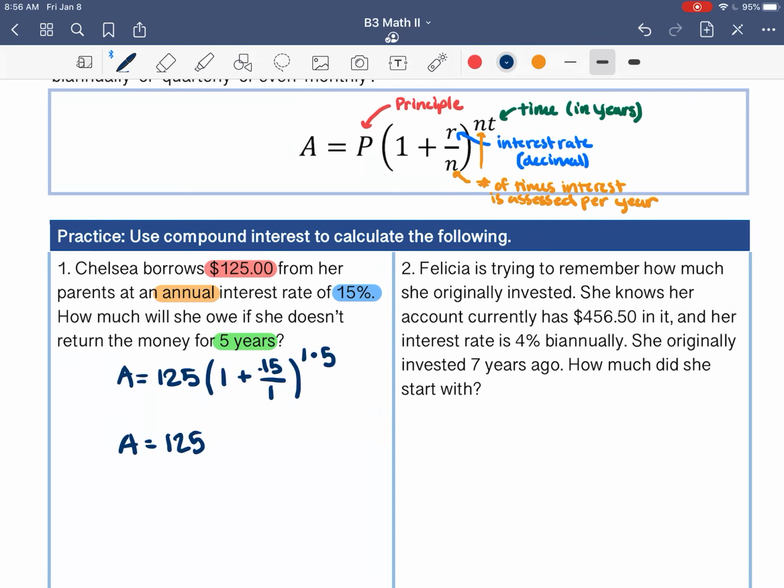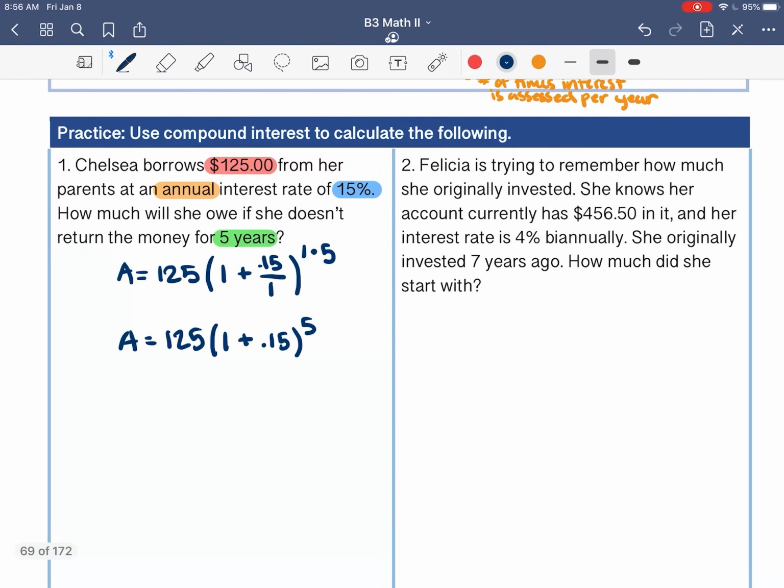Before we go ahead and plug this into a calculator, I'm going to just simplify a little because dividing by 1 and multiplying by 1 don't do anything, so that's the same thing as this. And then you can plug that into a calculator. Just make sure that you're using parentheses to make sure the calculator is understanding what you're saying. But you should get something like $251.42. That's how much she will owe her parents if she borrows for 5 years.